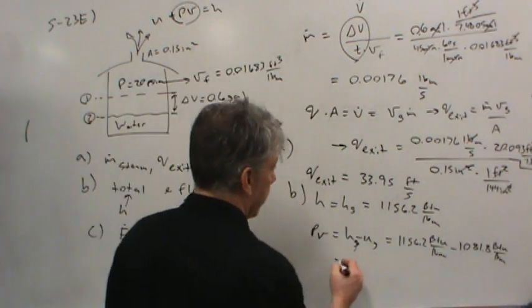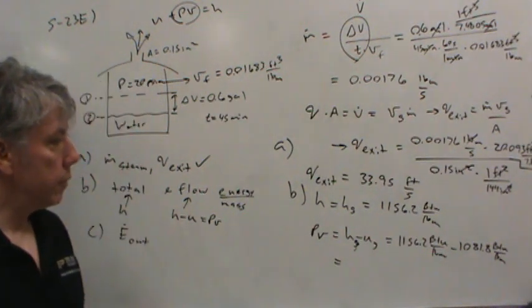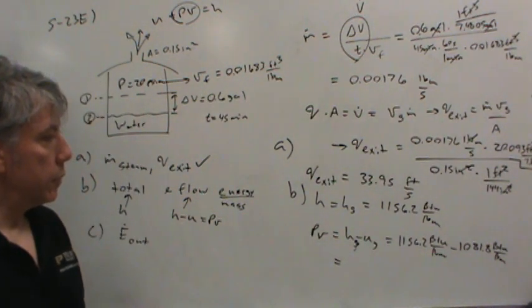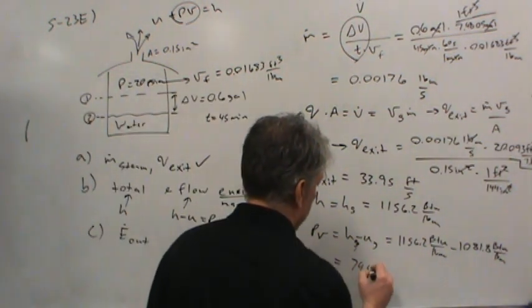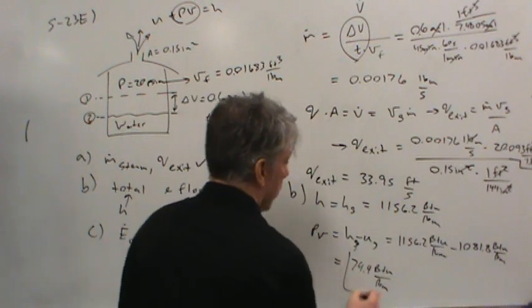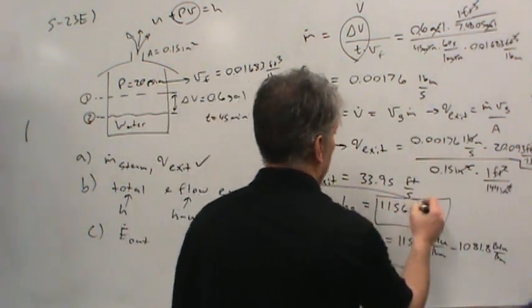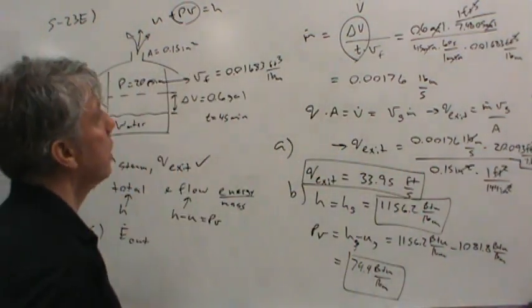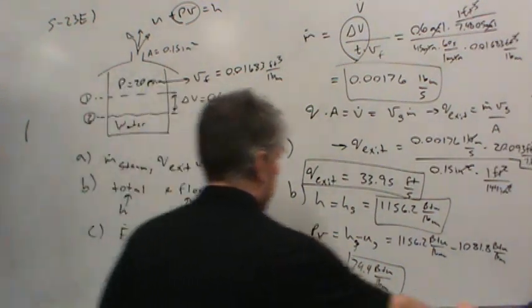What do we have for the flow energy leaving? 74.4. Thank you. So we've got most of the answers that they asked for. We're almost done, taking care of parts A and B.